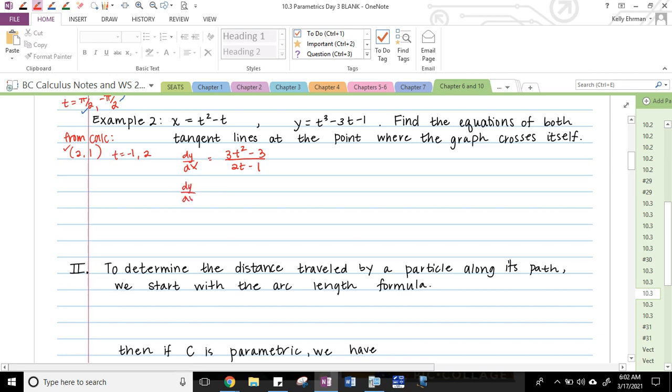We already figured out the t, so I'm going to start by plugging in 2. So 3 times 4 minus 3 over 2 times 2 minus 1, which is 3. I could either divide by 3, or say 12 minus 3 is 9, divided by 3 is 3.